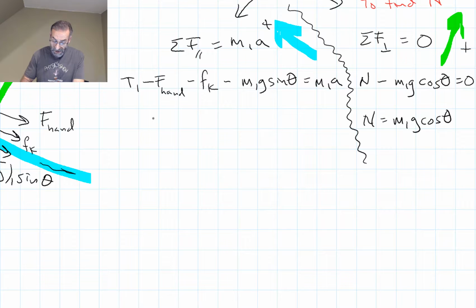Let me continue. I have a friction force here I can substitute in for. So I've got my tension, my F hand. Friction force is going to be mu times my normal force.